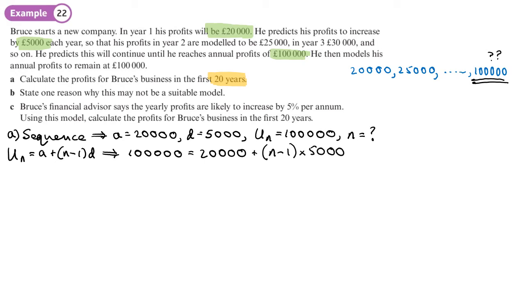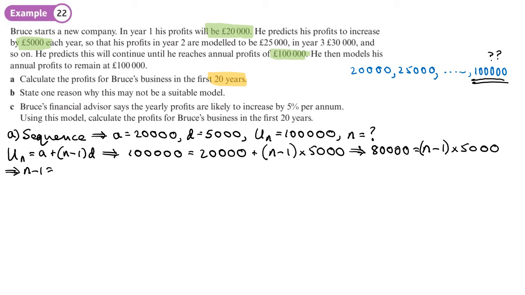This is easy enough to solve. If we take 20,000 away from both sides, that leaves 80,000 equals n minus 1 times 5,000. Then we'll divide both sides by 5,000, that will give us n minus 1.